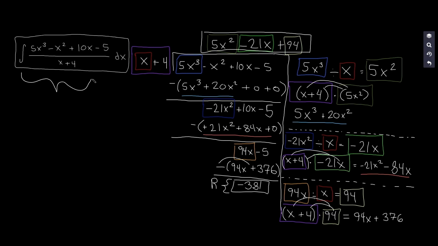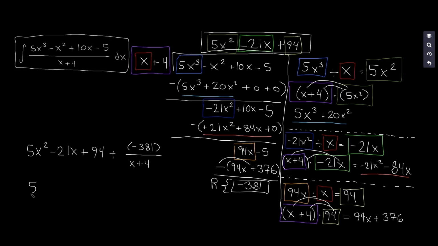We're trying to solve an improper integral. This is how this setup goes. We're taking the answer 5x squared minus 21x plus 94. Then to it, we're going to add our remainder, negative 381, over the original divisor. x plus 4 goes on the bottom.